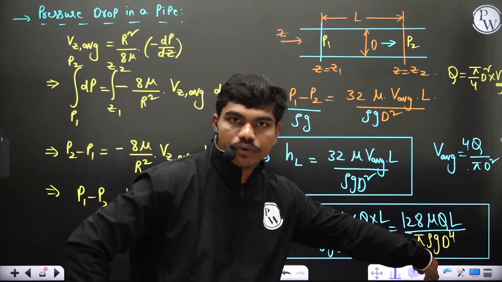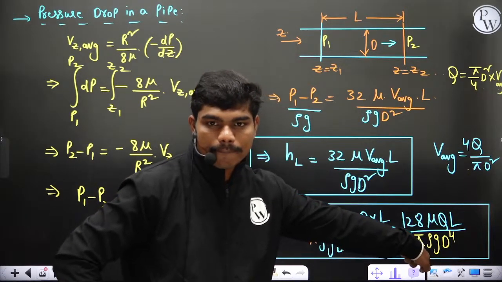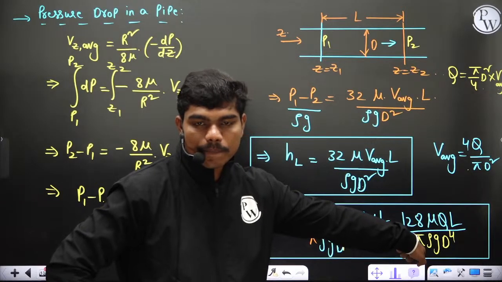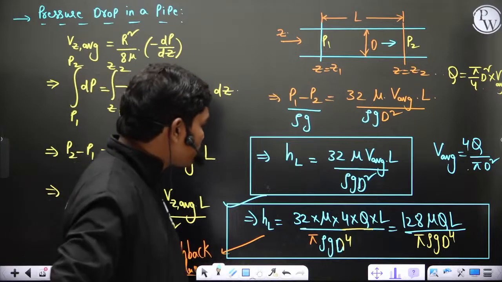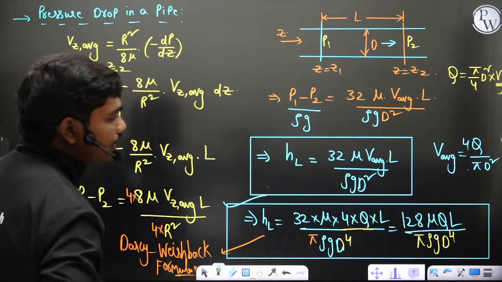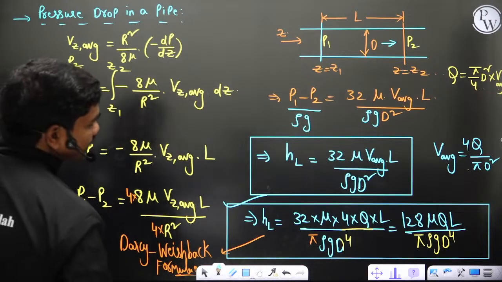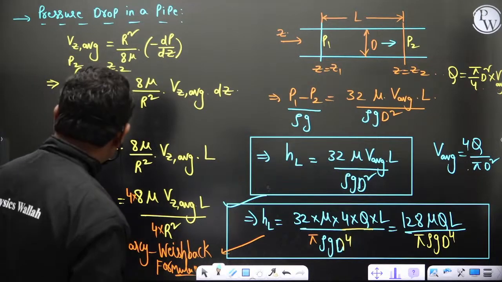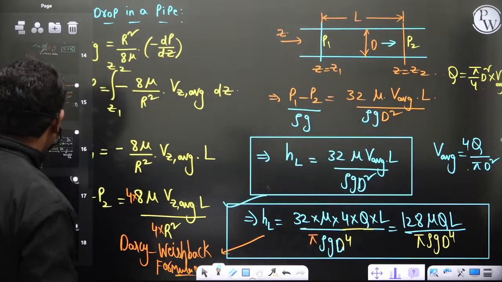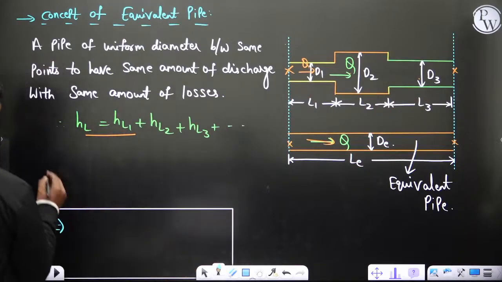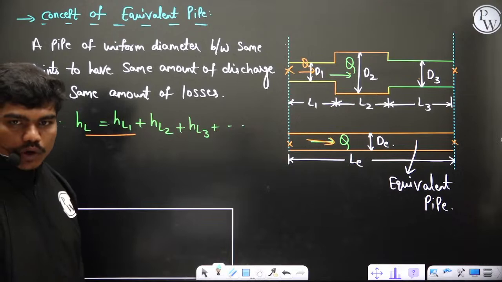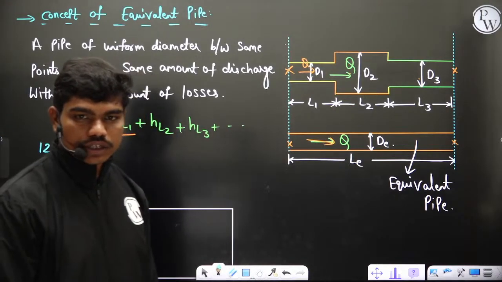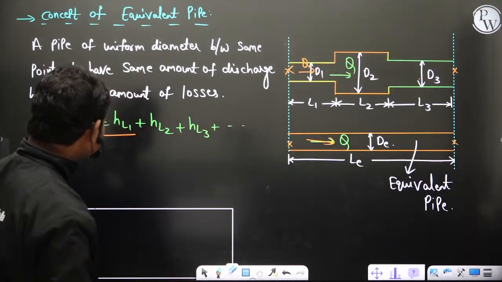And convert the bottom Q in terms of diameter? 128 mu QL by pi rho G D power 4. Okay, so it should be 128 FL Q square. Is that what you want me to do? Adjustment of a Q on the top and bottom. Okay, you want me to adjust in terms of friction factors.